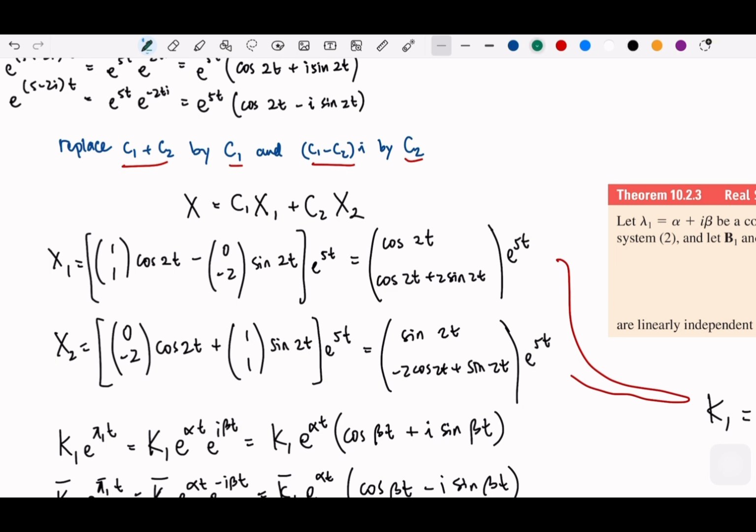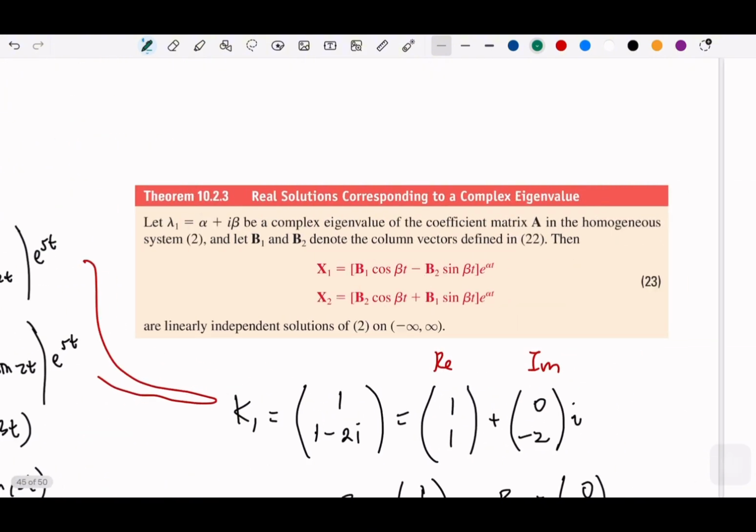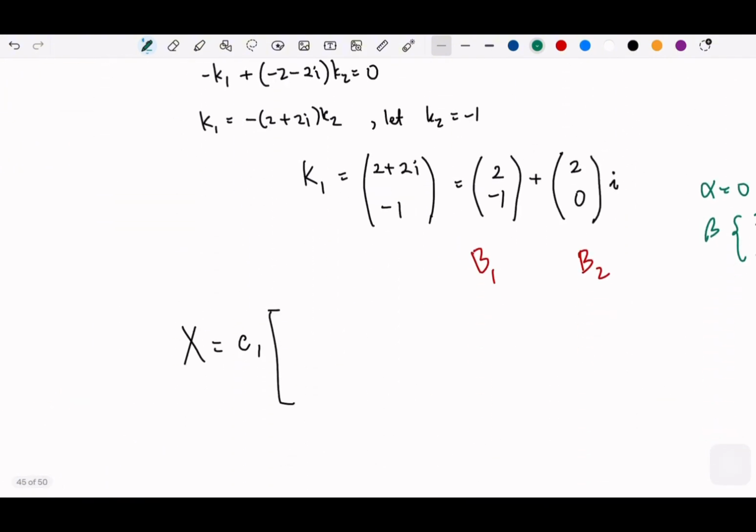So this will be cosine, sine, cosine, sine for every one x. So we have written down, and this will be 2, -1. So this is alpha, and then cosine 2t, and minus, this is 2, 0, sine 2t.